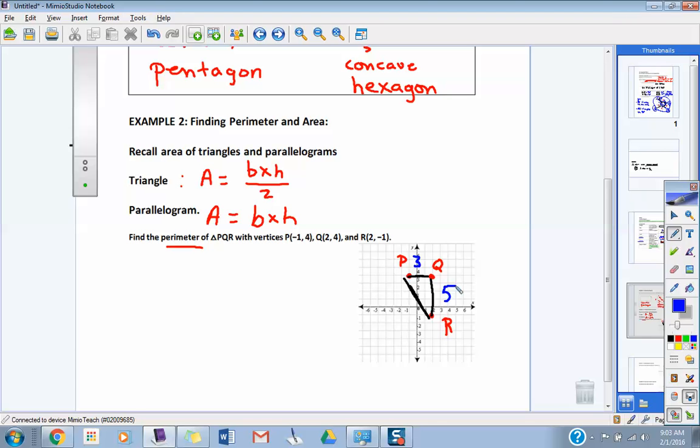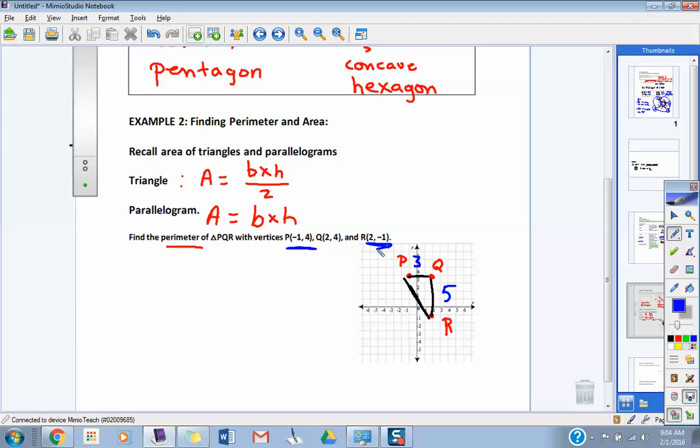Is this a vertical or horizontal line from P to R, guys? Is it horizontal or vertical at all? No, it's not. So I want to find the distance from P to what? R, P to R, okay?